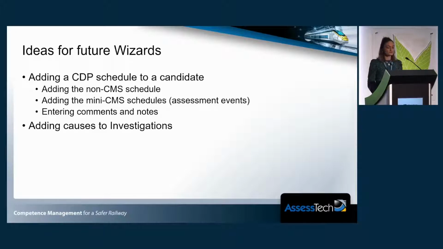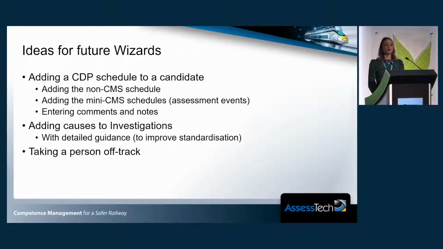The next one we thought about was a cause wizard for adding causes to investigations. And this will have some detailed guidance about what needs to be added. And also an off-track wizard. And this will help you take a person off track. It will take you through ending incapacities and suspending ID cards.